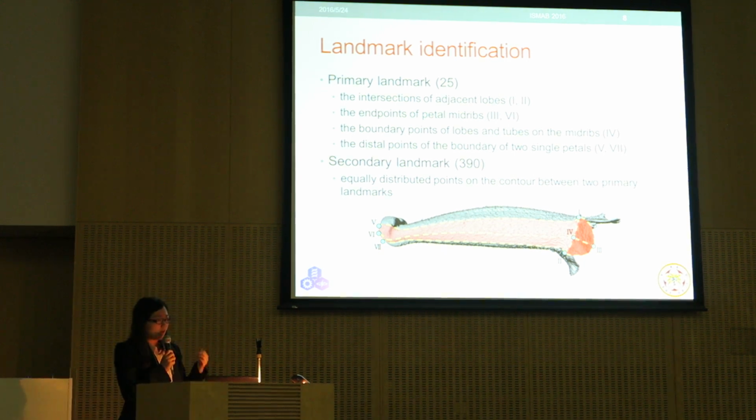Primary landmarks are the intersection of adjacent lobes like point 1 and point 2, the endpoint of the petal mirror like point 3 and point 6, the boundary points of lobe and tube on the mirror like point 4, and the distal point of the boundary of two single petals like point 5 and point 7. And secondary landmarks are equally distributed points on the contour between two primary landmarks.